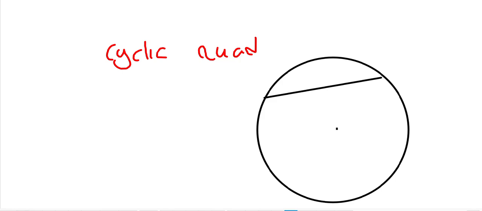Alright, let's try again. Choosing 90 was a bad choice. I'm gonna try and make it a bit more acute. You alright with that? They still look 90. Okay, I'm gonna try this one more time.